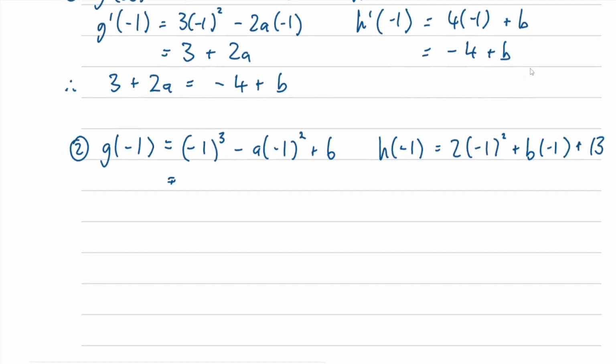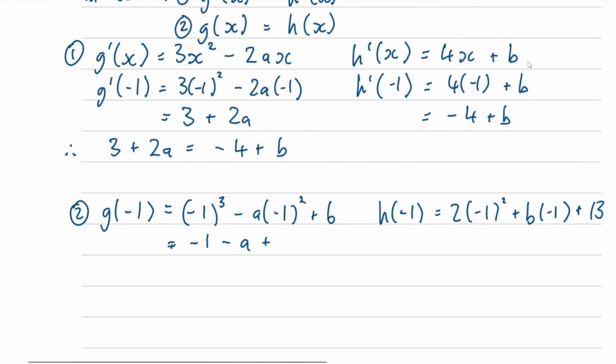Simplifying both of those, we get negative 1 minus a plus 6, which is 5 minus a.